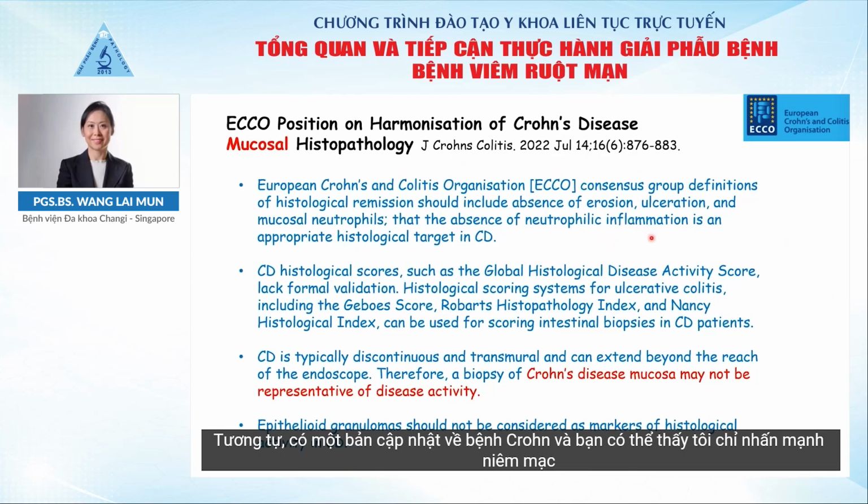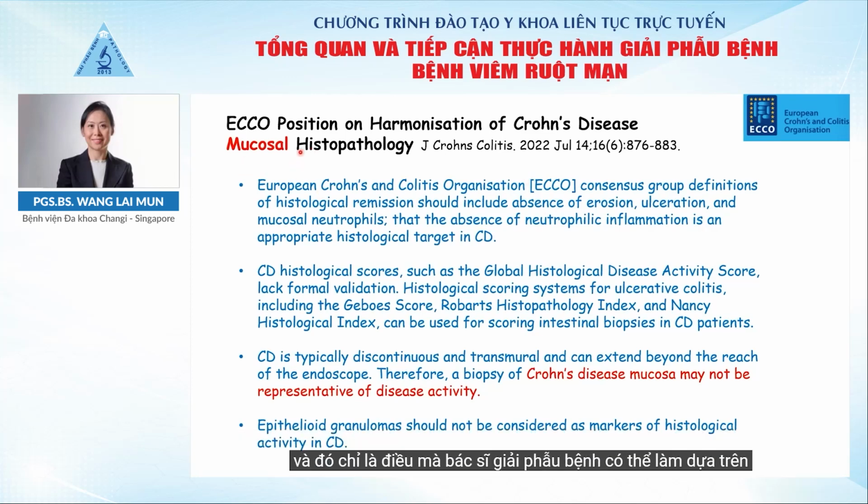Similarly, there was an update on Crohn's disease, and you can see I've highlighted only mucosal, and that's only what pathologists technically can do based on endoscopy, right? Essentially, it's the same, but it highlights what I've mentioned earlier: Crohn's disease is not limited to the mucosa alone.